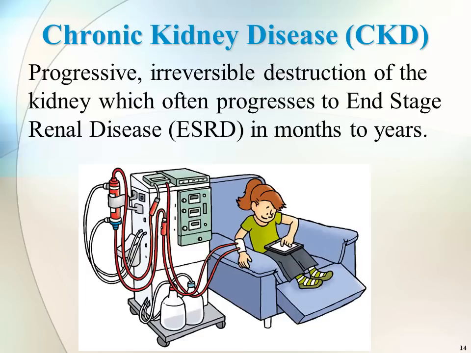Now we're ready to talk about chronic kidney disease. So when we talk about chronic kidney disease, formerly called chronic renal failure, now we're talking about a kidney disease because it's a long spectrum.